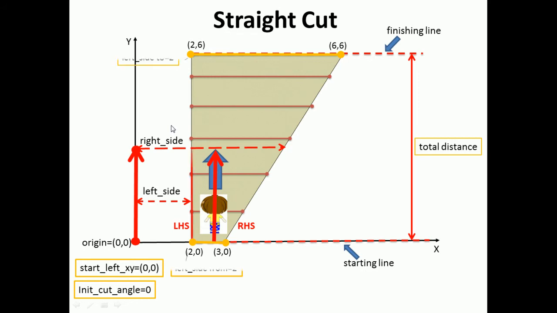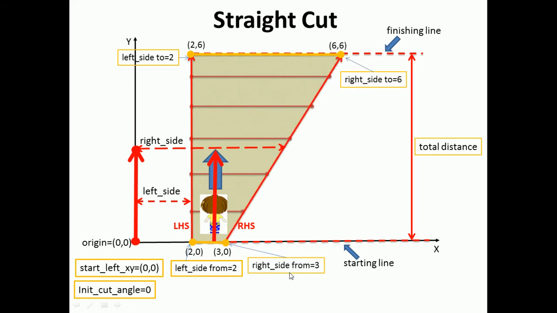So the left boundary can be defined as left side from is 2, left side to is 2. For the right boundary, the right side of the starting point is 3 micron. The right side of the finishing point is 6 micron. So the right boundary can be defined as right side from is 3, right side to is 6.